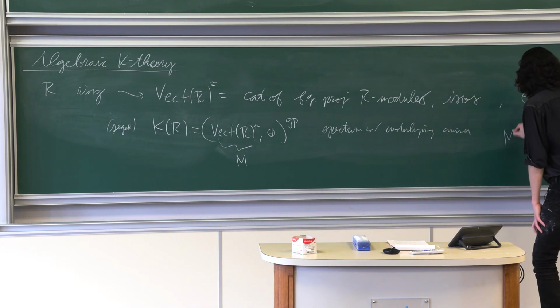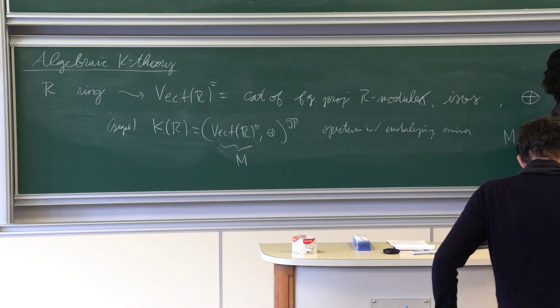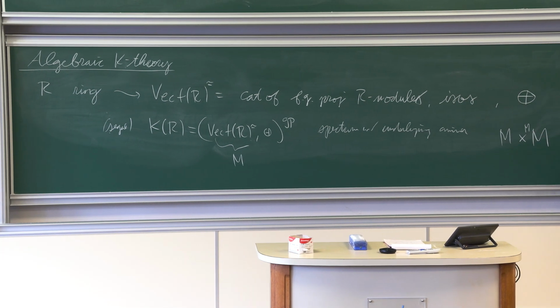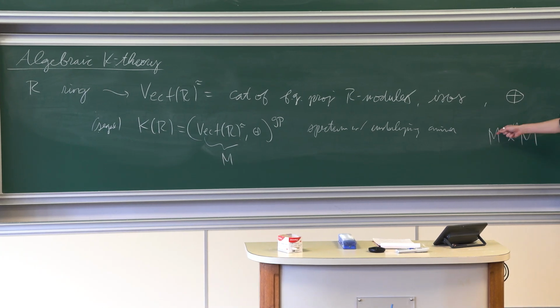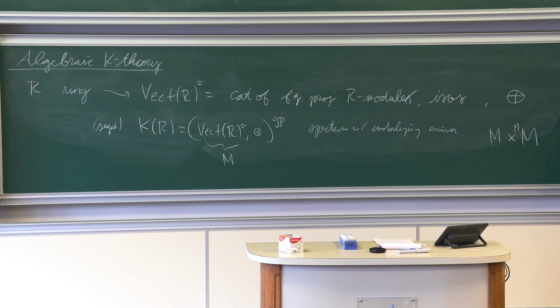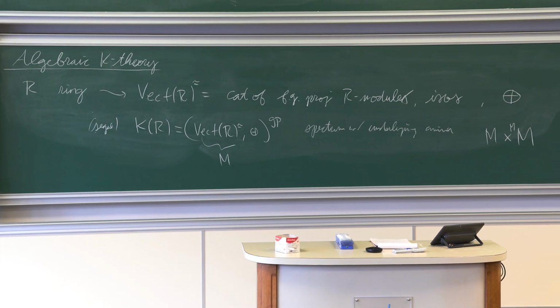So you can take M cross M, and then you equalize an M action on it, where it's acting maybe on the left here by the group operation, and on the right here by the group operation.